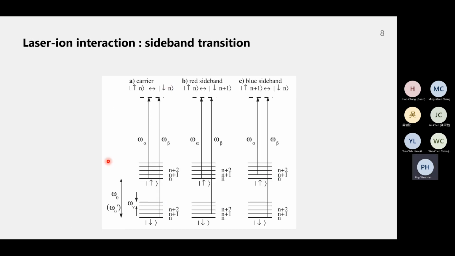Here are the sideband transitions. There are 3 types of transitions. We have the carrier transitions, which do not depend on the motional levels. You can drive spin up to spin down or vice versa without affecting the phonon number. Then there are the red sideband and blue sideband transitions.